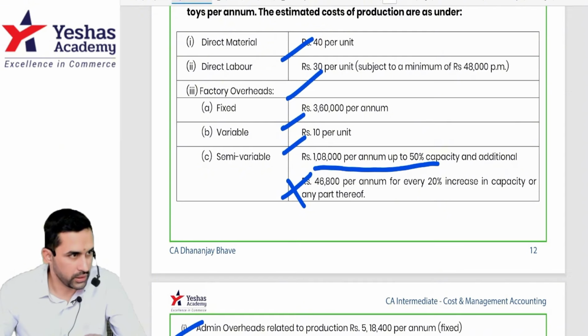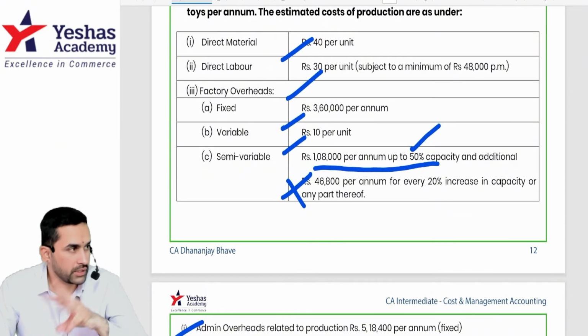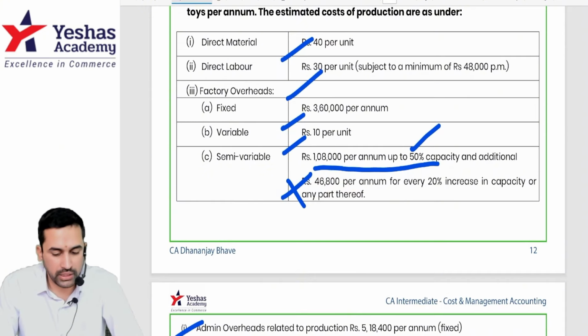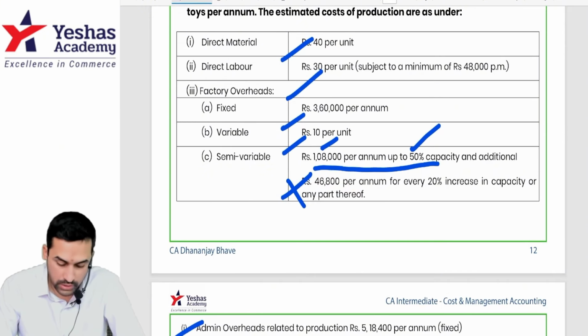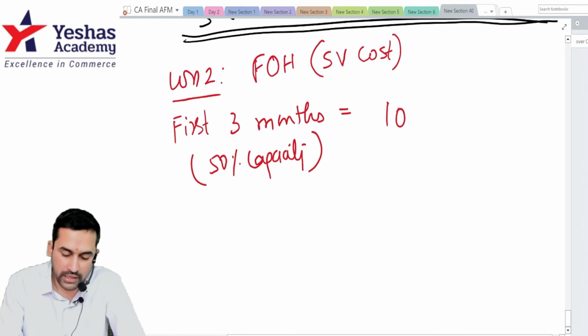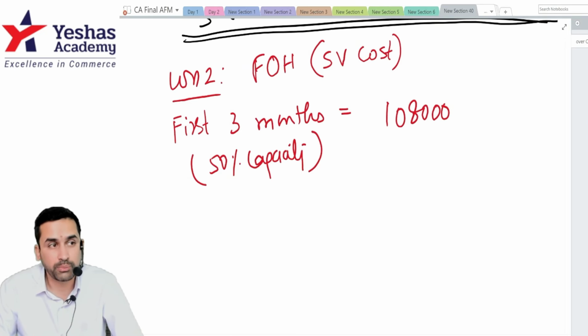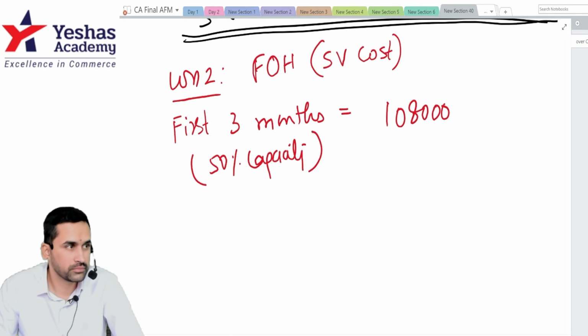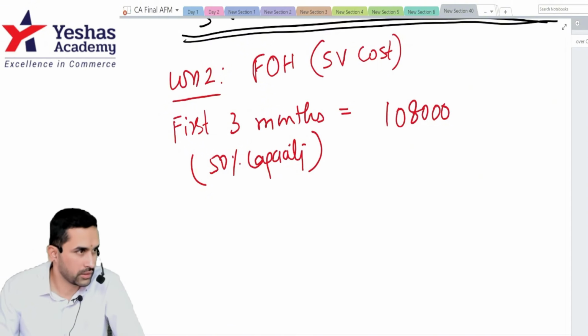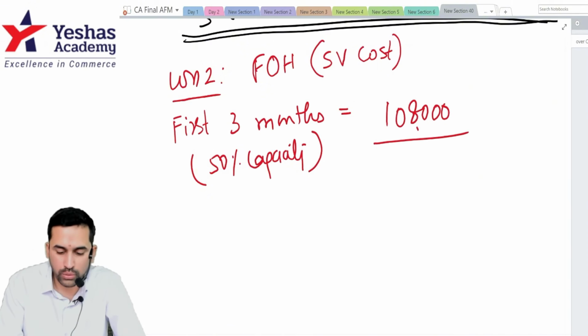Am I correct? Follow now. Don't be in a hurry to copy. 50% capacity for first 3 months. That means the number relevant to me is only 108,000. But the problem is I can't take 108,000 as my cost, because 108,000 is per annum. Please read. Correct? That means what should I do now?